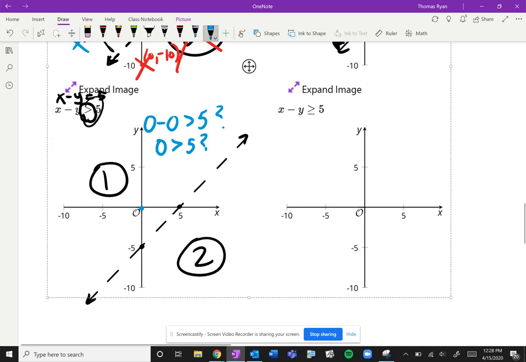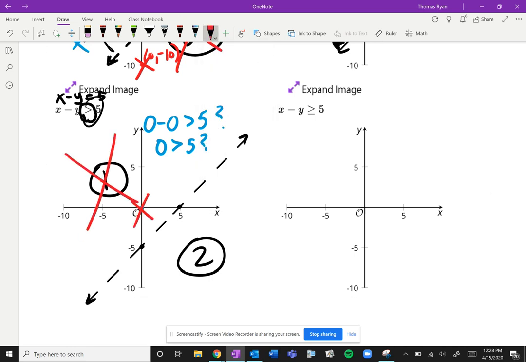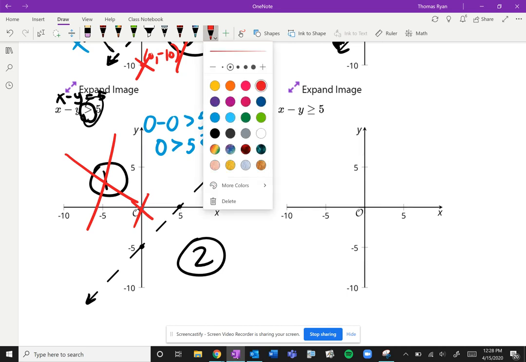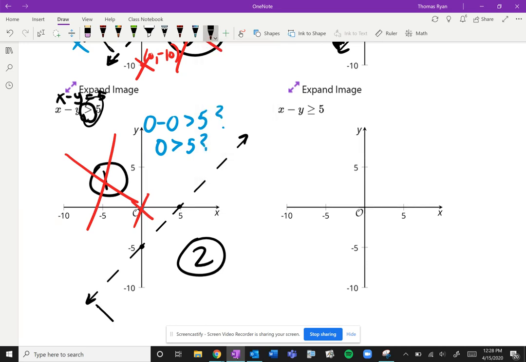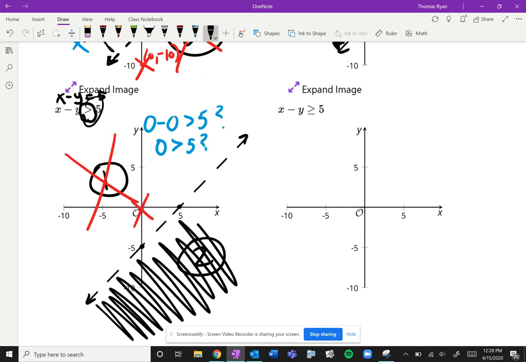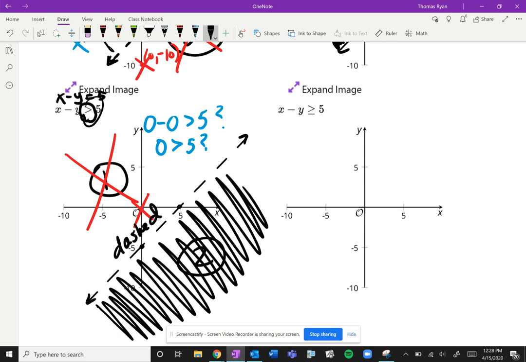No way. So 0, 0 is out, which means area 1 is out, which means where do our solutions exist? You guessed it, all in area 2. And it's a dashed line because it is what we call a strict inequality. It is just greater than.